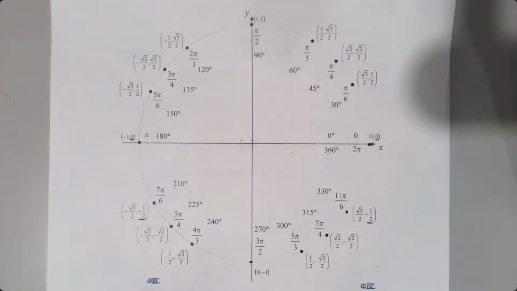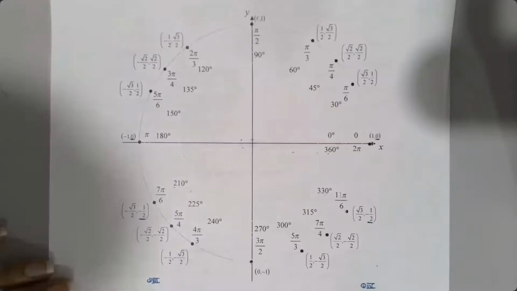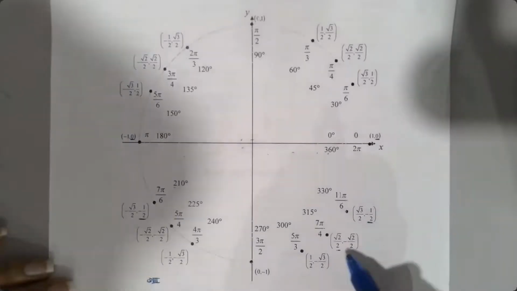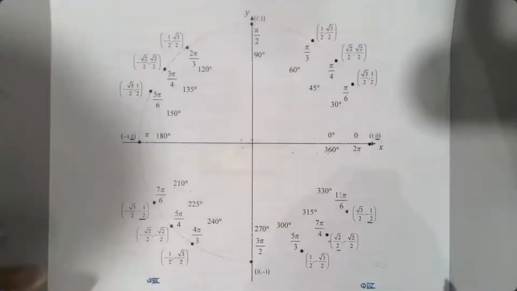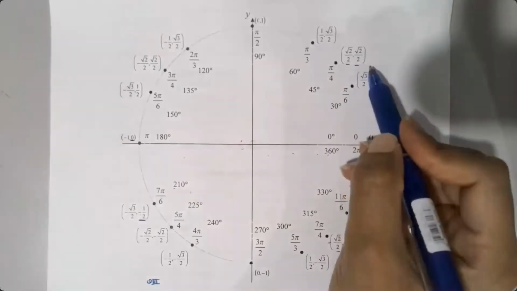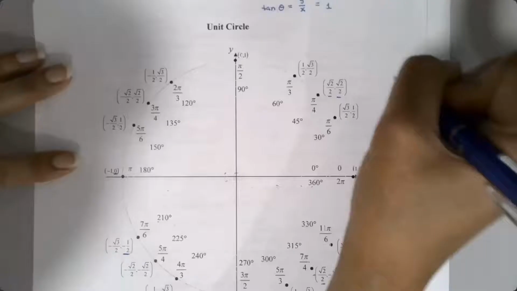315 and 45. Okay, so 315, we want to be careful because this one is positive, this one's positive, and this one's negative. But 45 does apply because we do have x and y being the same. So one of them would be the 45 degrees.